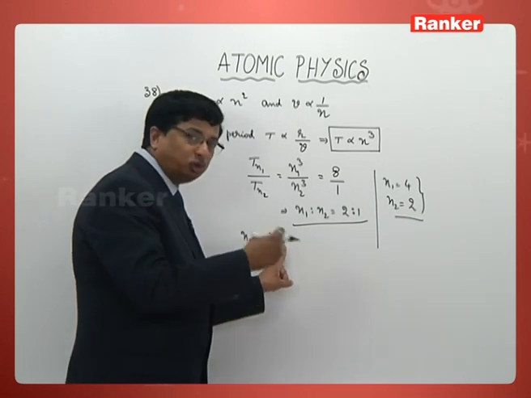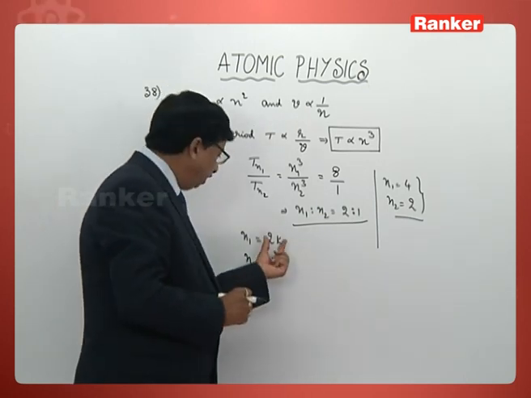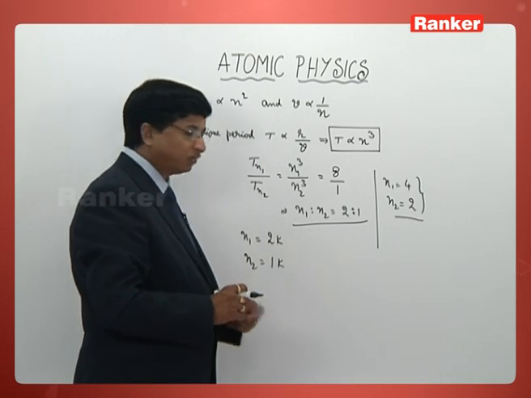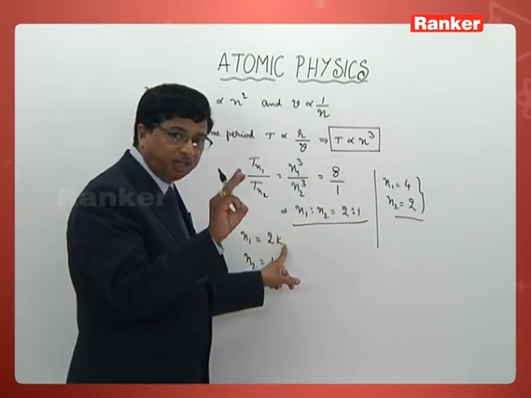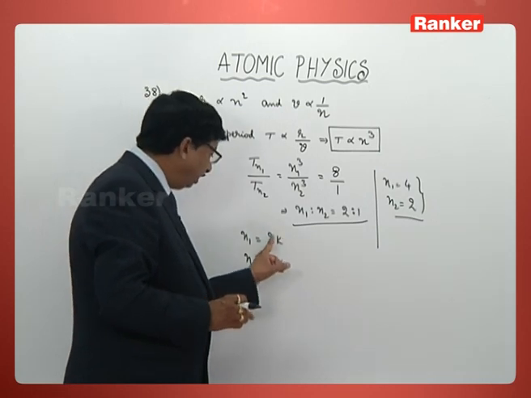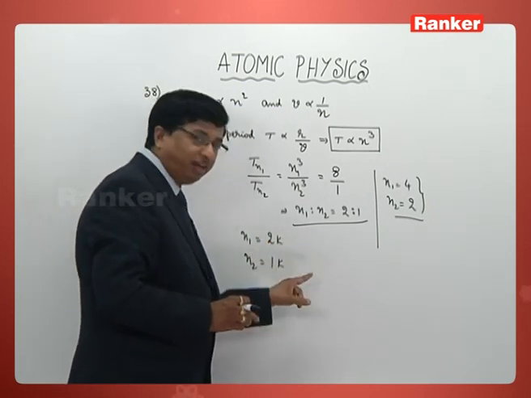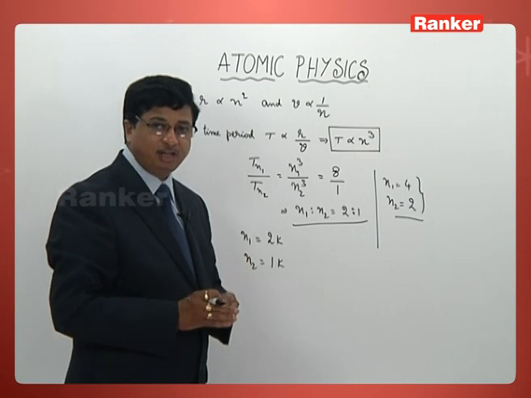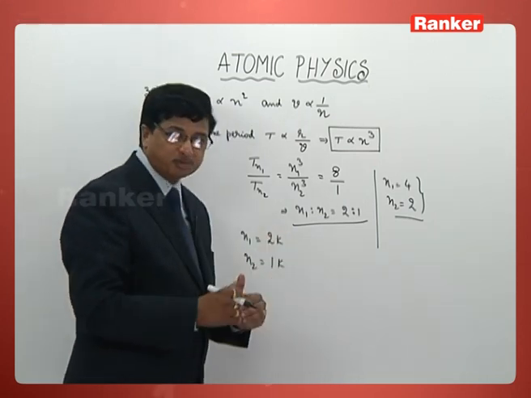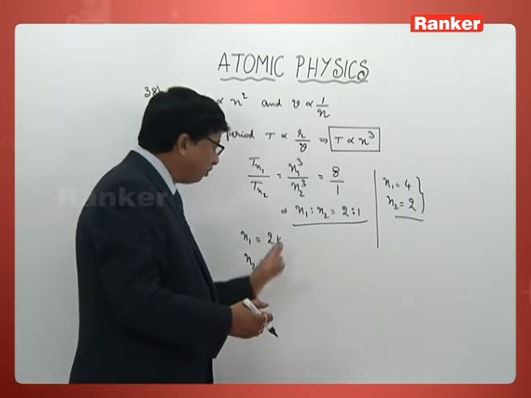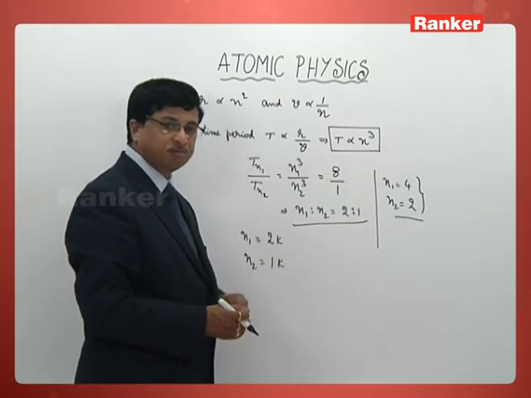When k is 2, it will be 4 and 2. Yes, there is a possibility. When k is 3, you get 6 and 3, which is not an option. If k is 4, 8 and 4 is not an option either. So no other option tallies other than this pair.